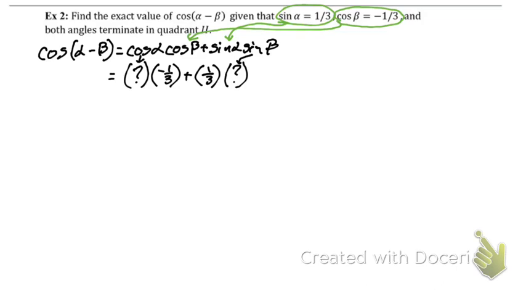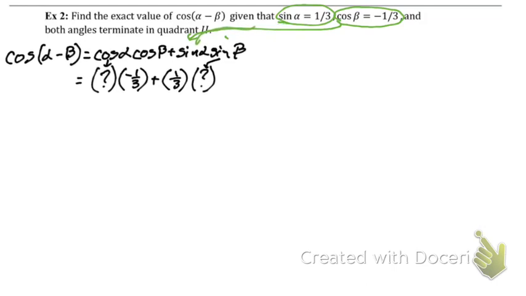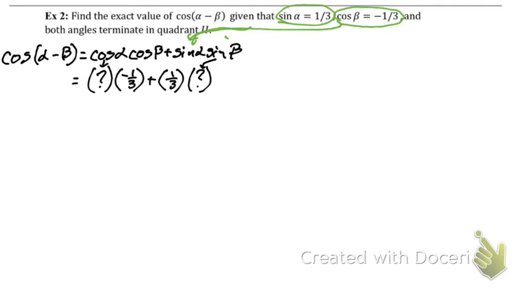I'm going to slide this over just a little bit. All right, so the first one we're going to find is our cosine. Let's go ahead and find our cosine alpha. Well, cosine alpha is going to equal plus or minus the square root of 1 minus sine alpha squared. So that's going to be 1/3 squared.